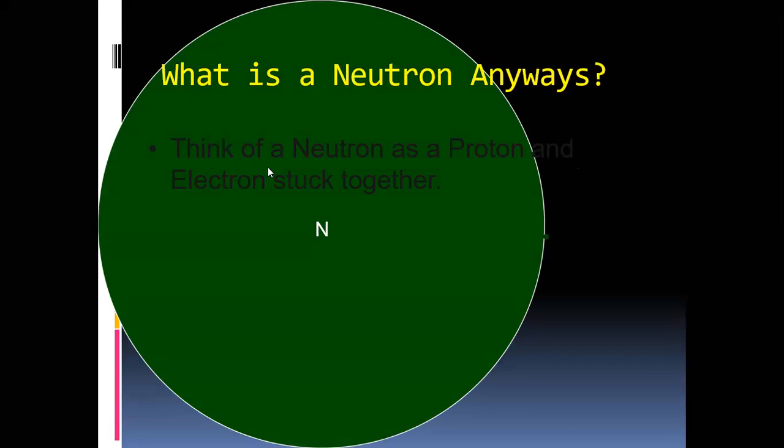Think of a neutron as a proton and an electron stored together. Look here, this big one is the neutron, and a small dot. Can you see the small dot here?